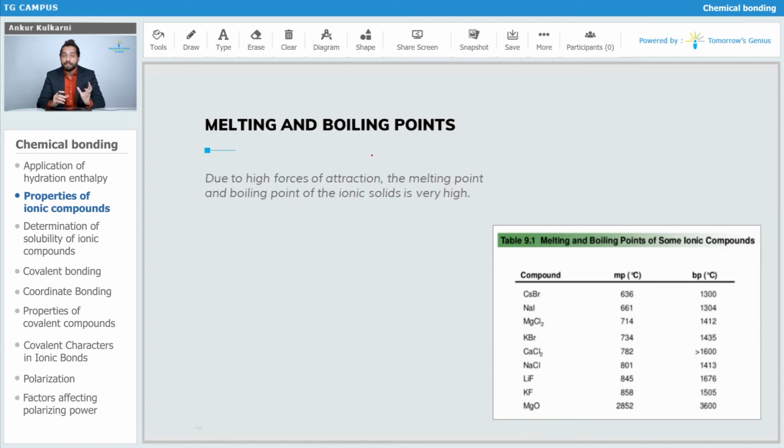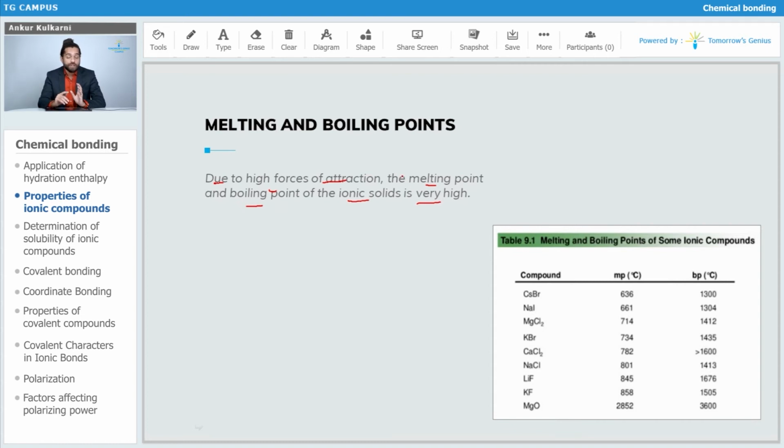The positive ion is attracted to the negative ion by opposite charges, correct? So due to high forces of attraction, the melting point and boiling point of ionic solids is very high.